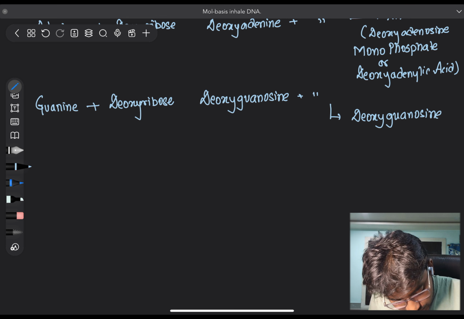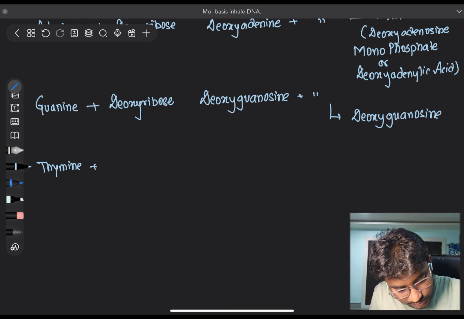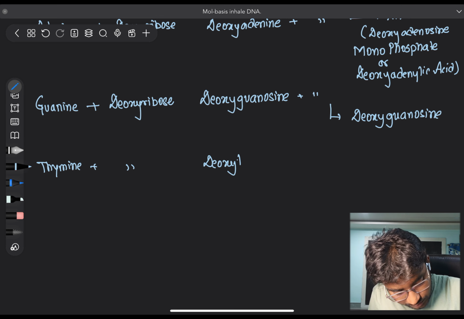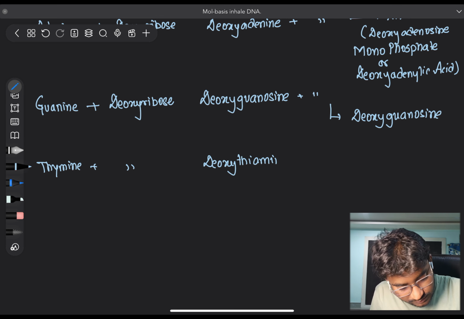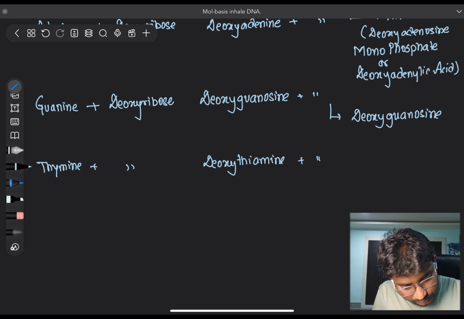If it is thymine plus deoxyribose, it will make deoxythymidine, plus phosphate group will make deoxythymidylic acid.